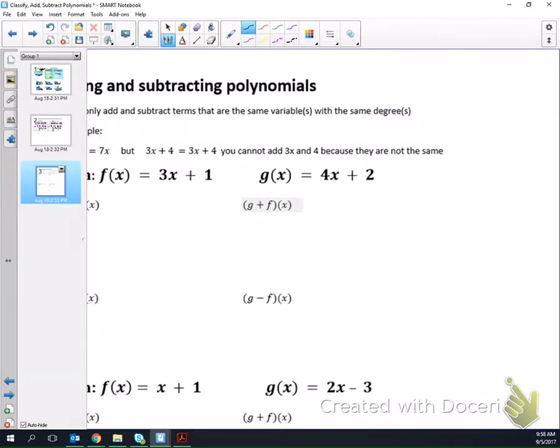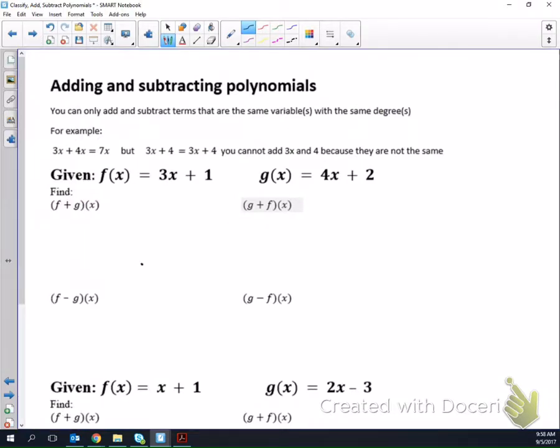A little bit more, and we're completely done. Now, with this, we are going to be talking about adding and subtracting the polynomials. So far, we've just been discussing classifying them. Now we're going to talk about adding, subtracting, and all of that. What I have here is f plus g of x.